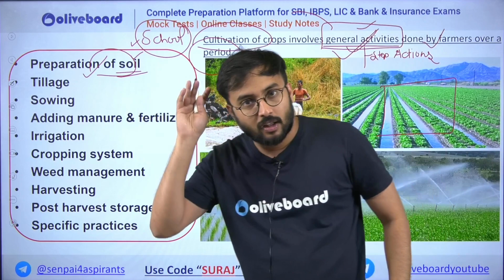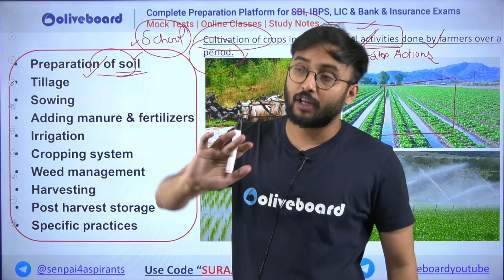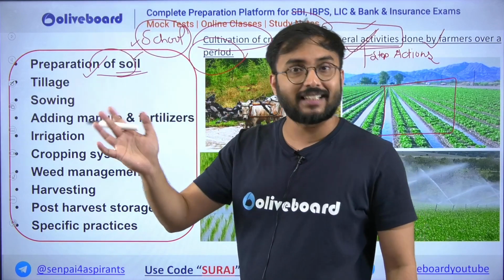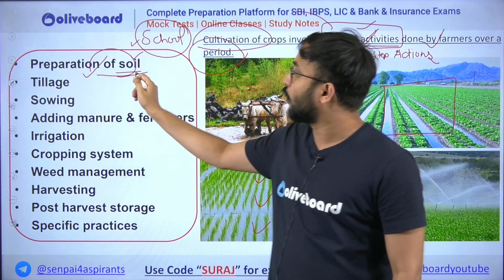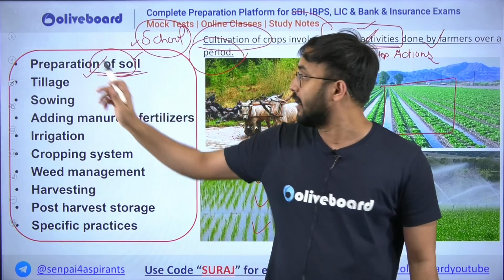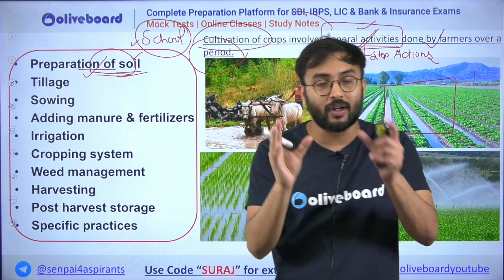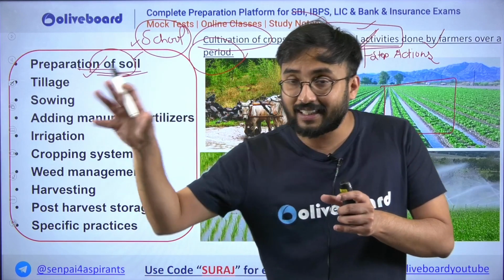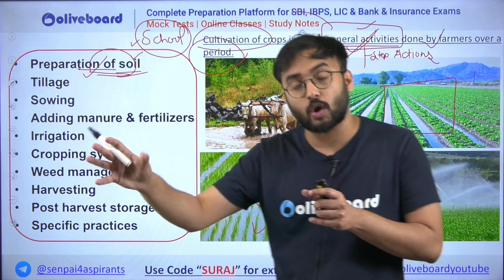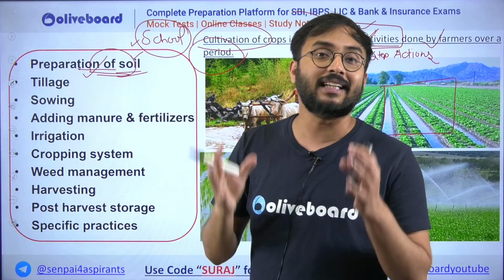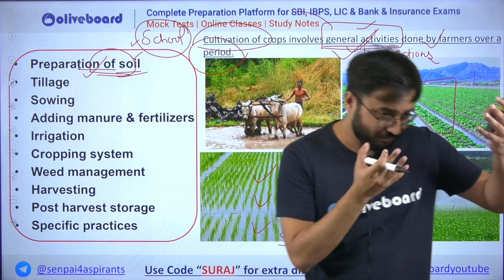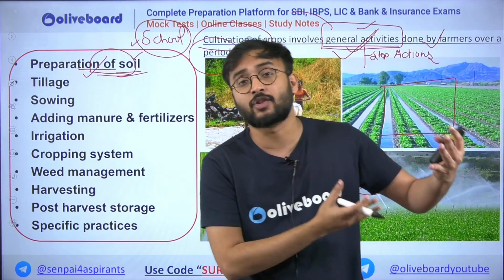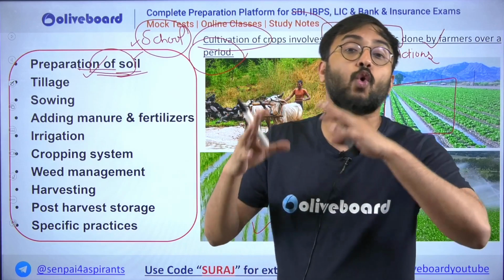So for a child, if school or education is the character builder, then for any plant, any seed, the preparation of soil, whatever organic content, fertility and nutrients are in the soil, these are the basic elements which lay the foundation of the growth of the crop.